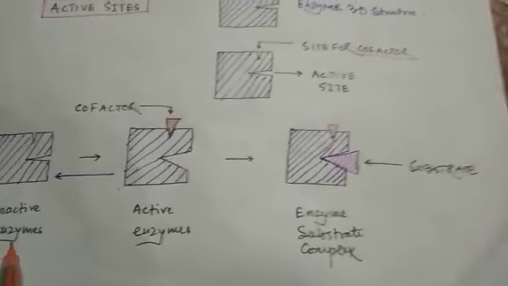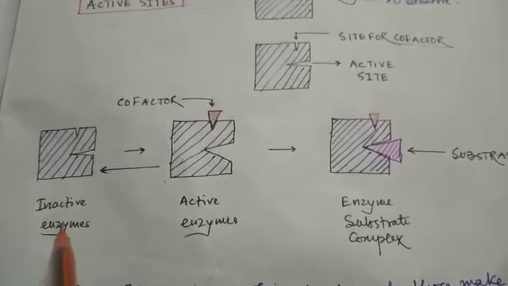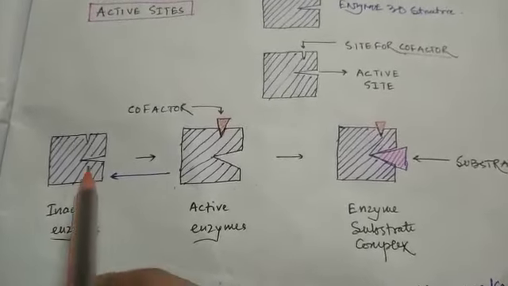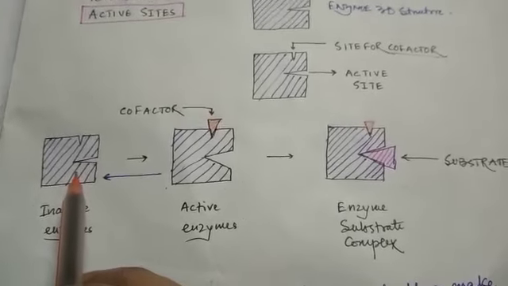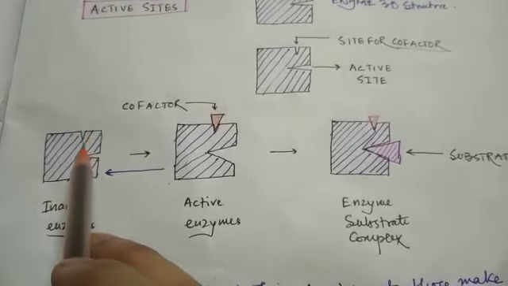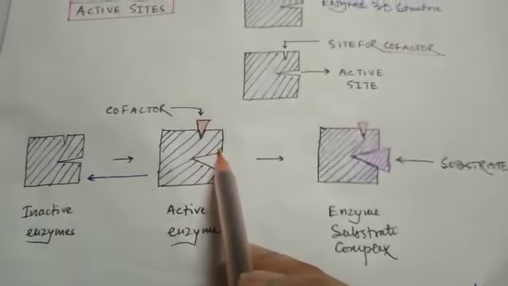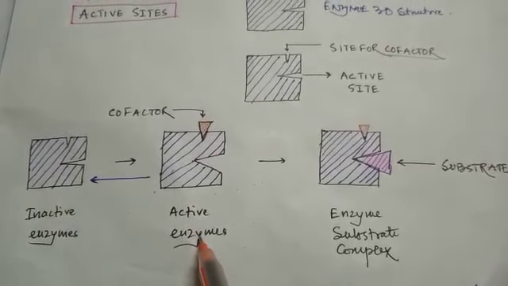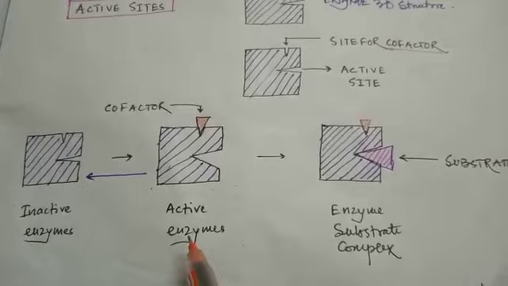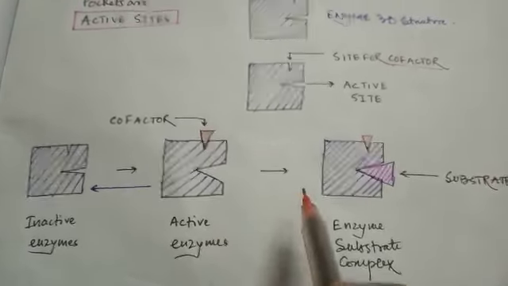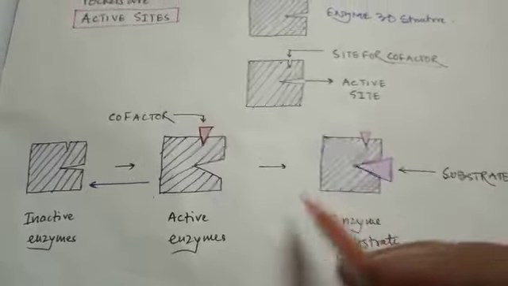See, this is the inactive enzyme. When the enzyme is in its inactive form, it is not bound with any kind of cofactor. When the cofactor is bound, it makes an active enzyme. What is an active enzyme? Active enzymes are those enzymes to which a substrate can bind.